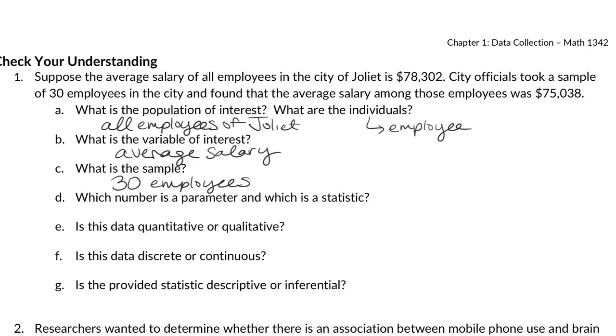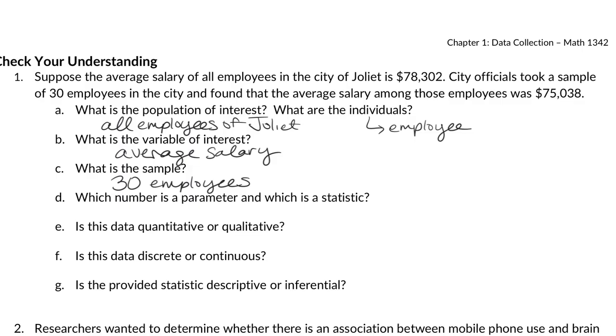Typically, they'd give you more information about how those employees were chosen, but we're starting off simple. We were given two numbers besides the 30. Two dollar amounts. One of them is a parameter and one of them is a statistic. What number is a parameter? Does parameter describe the population or the sample?